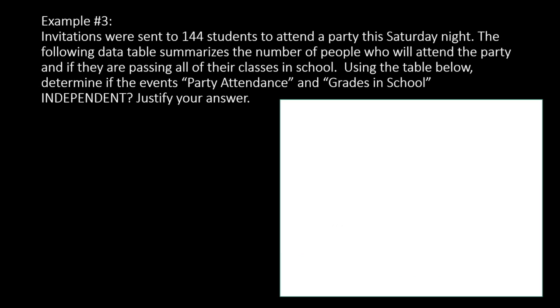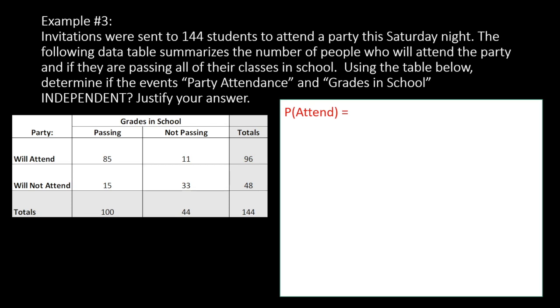The second way to check this problem is to look at the probability of A times the probability of B and see if that is equal to the probability of A and B. In this case, for the probability of A, we'll say that's the probability of attending, so that would be 96 out of the 144 students.